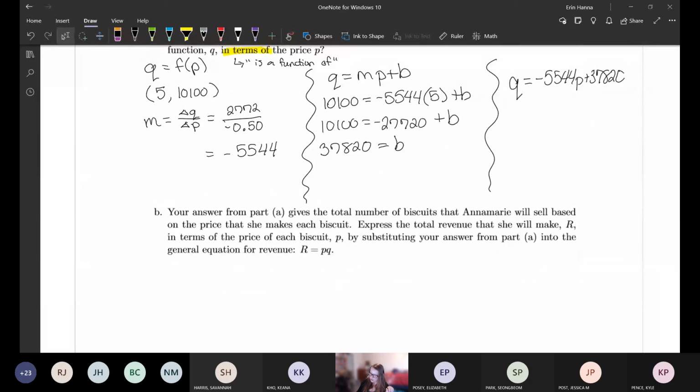Essentially all we need to do is we have that revenue. This is going to be in terms of price because our quantity is in terms of price. Actually, it would be R of P, so price times quantity. We leave that first price, but this quantity, this Q value, is going to be replaced by that entire function that we just found.